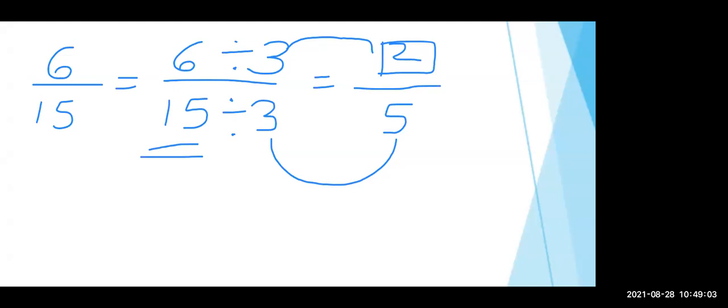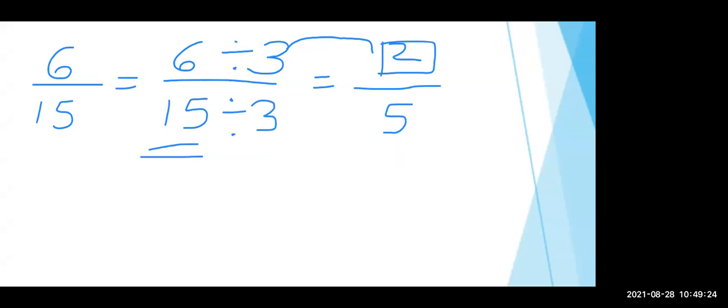So that table is 3. So 3 fives are 15. If we divide the denominator by 3, the same should be divided in the numerator. So 3 twos will be 6. In this way, you are going to find the empty box.